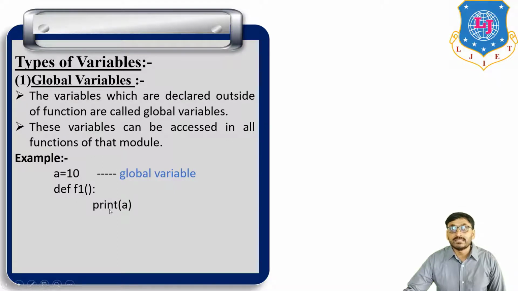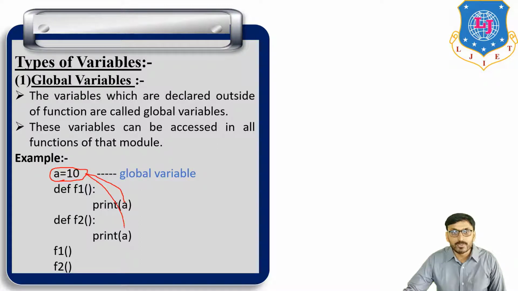Then inside the body of the function, print a, then second function def f2, body of function print a, and now we call function f1 and then we call function f2. If we call functions f1 and f2, then we get output 10 and 10. This value a is equal to 10 is transferred here, and it is also transferred here. So we get the output of the functions, 10 and 10.